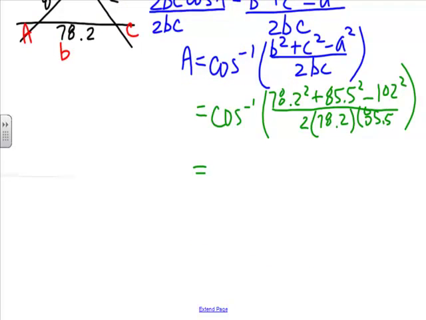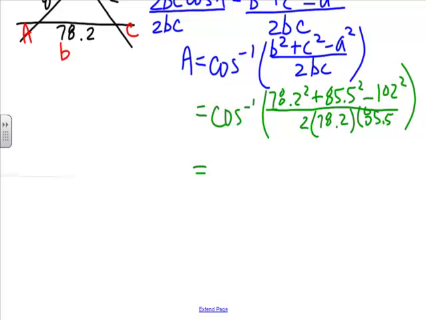For the purposes of space here, I'm not going to do a bunch of steps, but I am going to tell you what I would do personally. On my calc I would put in 78.2 squared plus 85.5 squared minus 102 squared and hit enter. I could be careful and use parentheses if I want, or get the fraction notation up, which would be fine too.